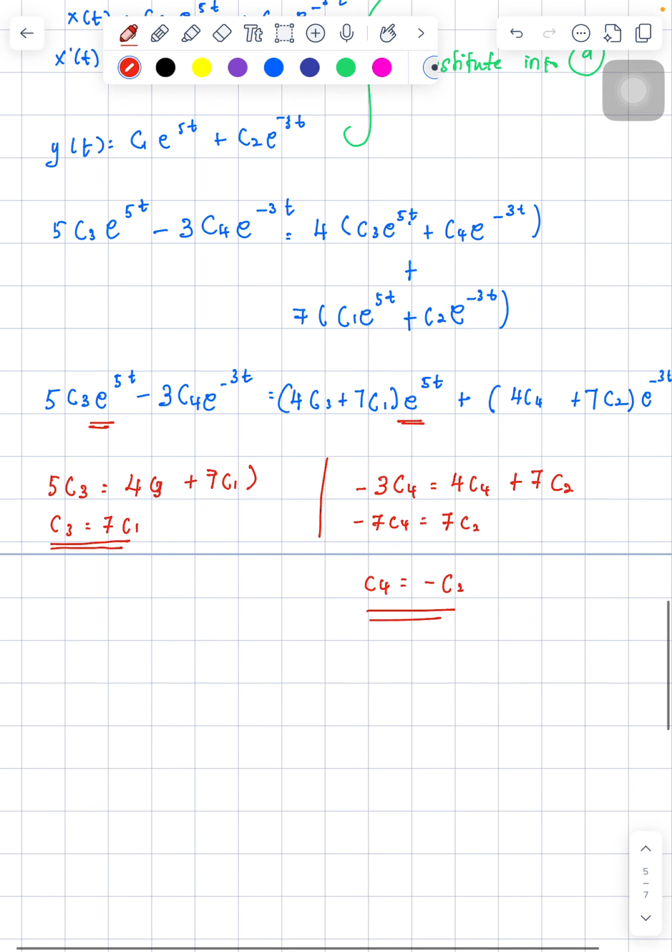So we can substitute C3 and C4 into the equation.